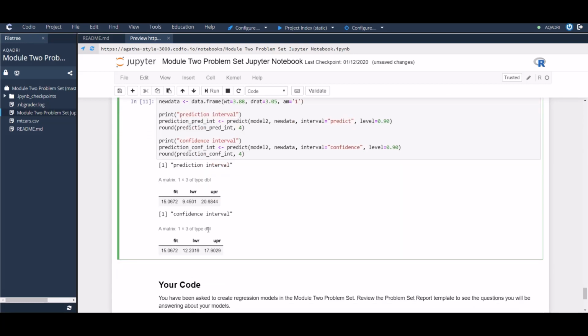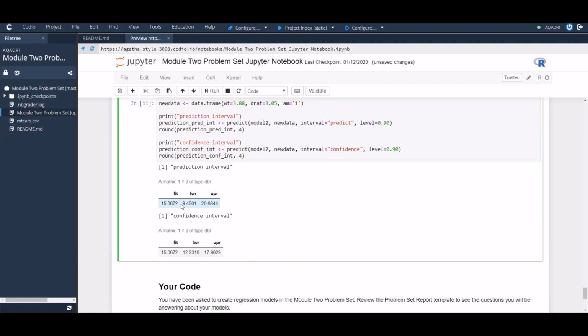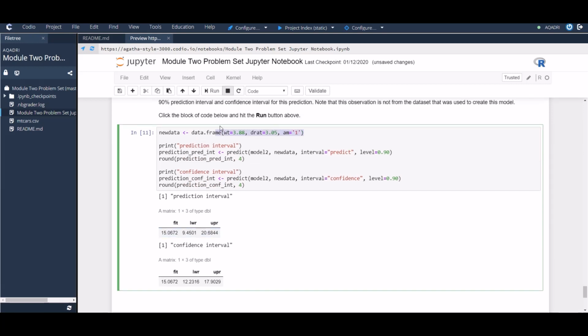So here's what we get. Once you use these values in the model, you will get a predicted fuel economy of 15.0672. That's your prediction. It's the same in both the cases of confidence interval and the prediction interval. The predicted value will just be one value that is predicted by the model once you plug in these predictors.